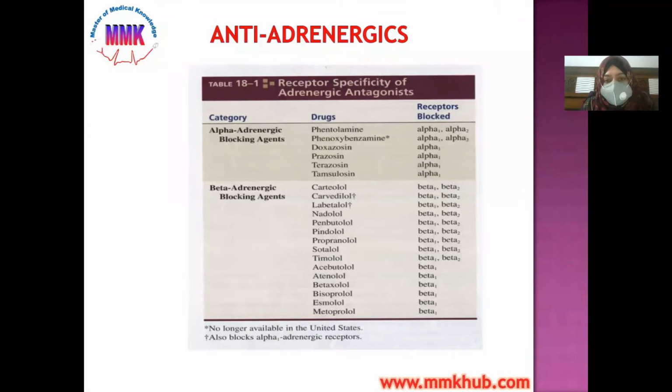We can easily remember the suffix "sin": whenever the suffix "sin" comes in any drug, we can recognize that these are selective alpha-1 blockers. So we have doxazosin, prazosin, terazosin, and tamsulosin.